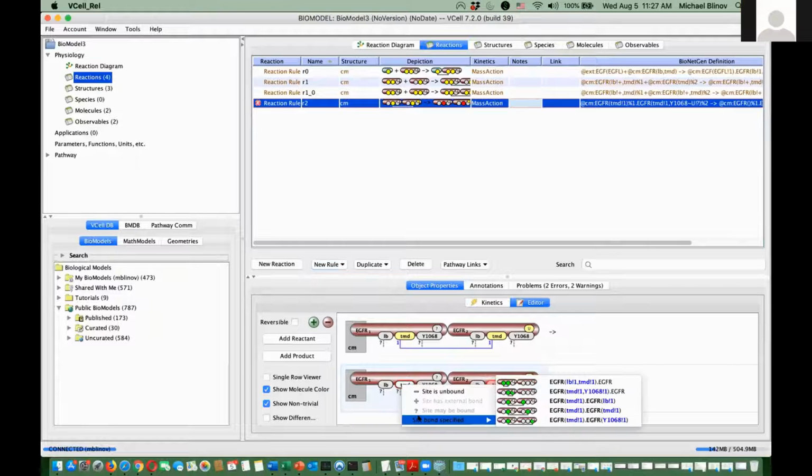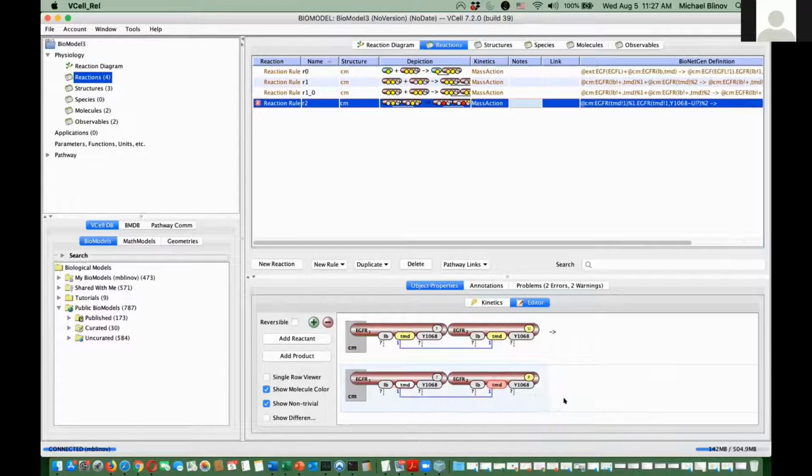Can I interrupt? Yeah. Very quick question. Specifically in this rule that you are establishing, one of the EGFRs needs to be with a ligand in order to phosphorylate. Why are we not adding it as any one of the EGFRs with the ligand bound? Exactly. So now you have a question: which of those EGFRs has to be with ligand?